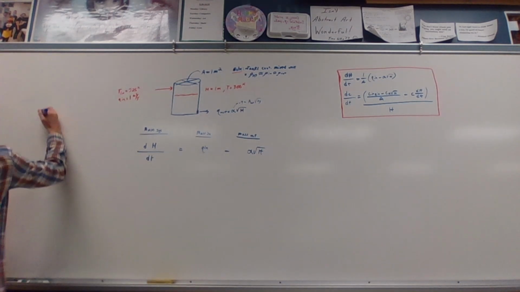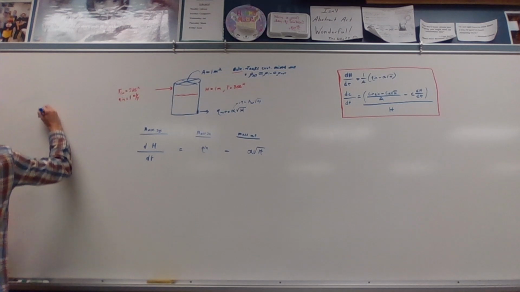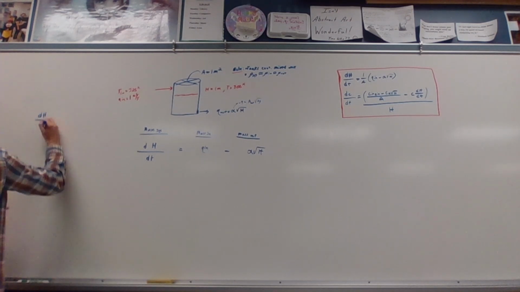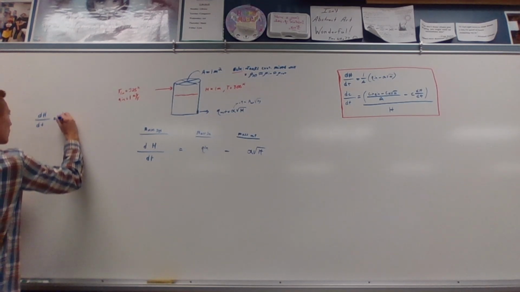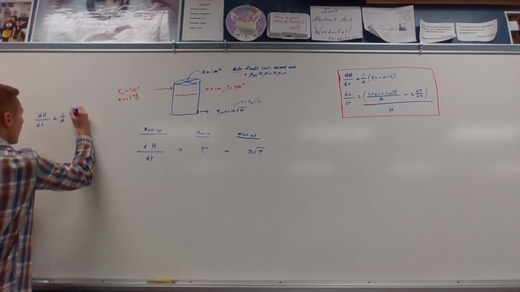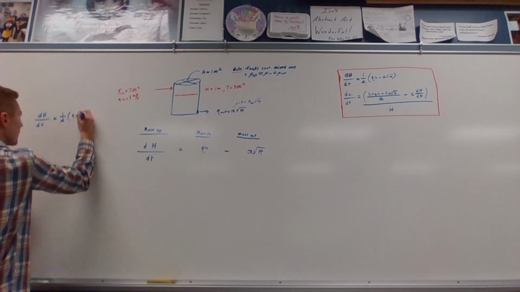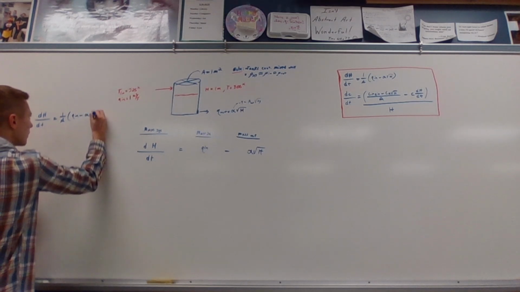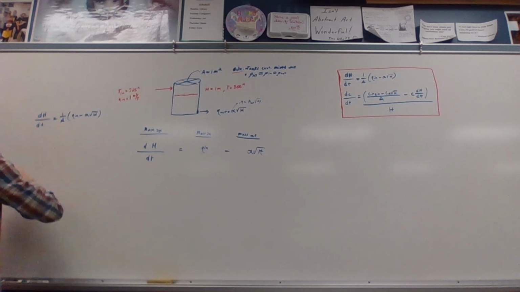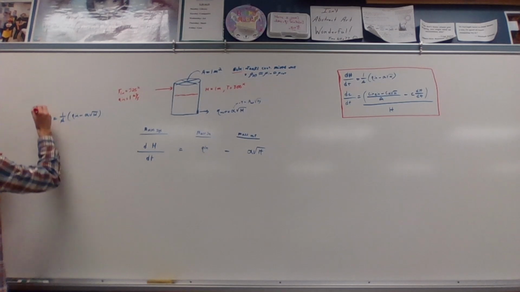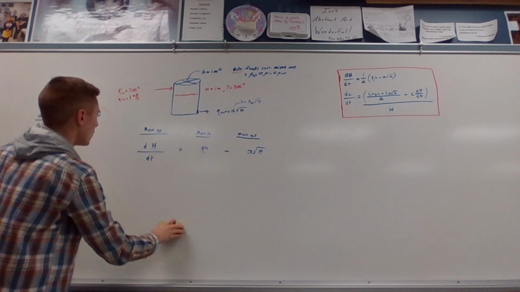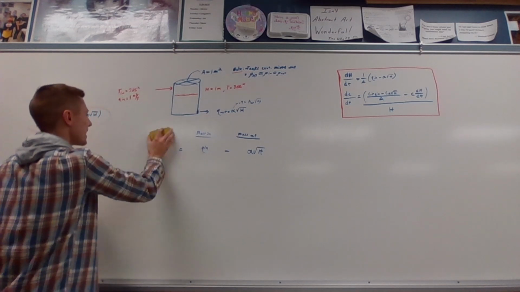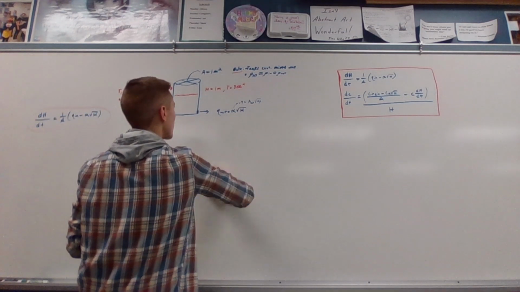So our first equation is that a small change in height with respect to a small change in time is equal to our flow rate coming in minus our flow rate going out, divided by the cross-sectional area. And that is our first equation. So that was our mass balance for the first one.